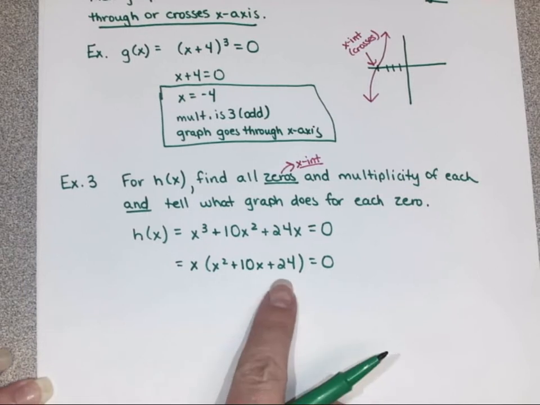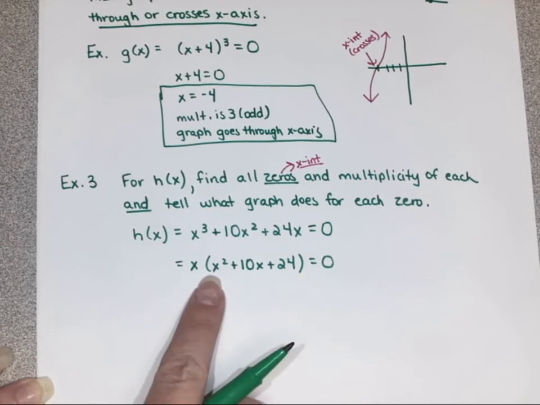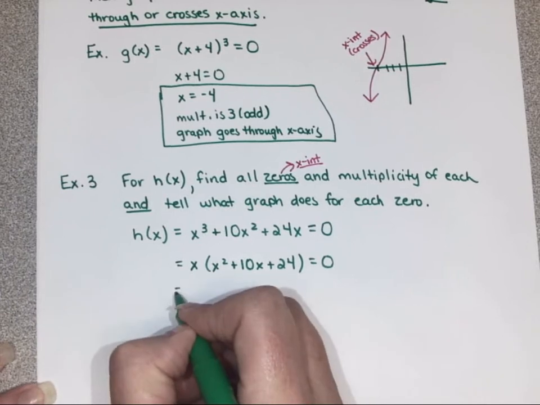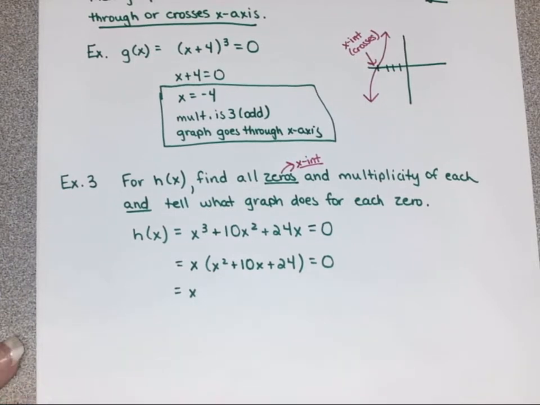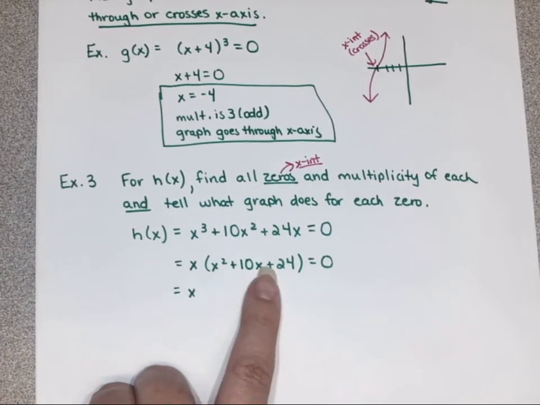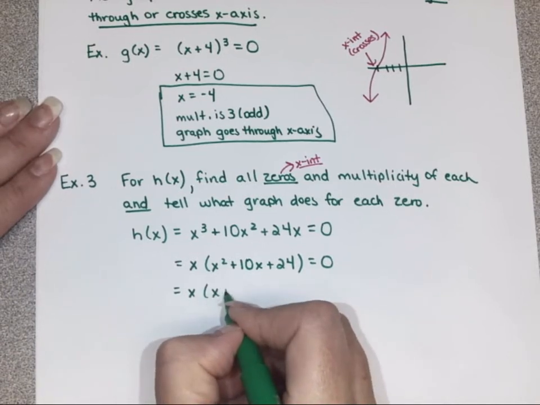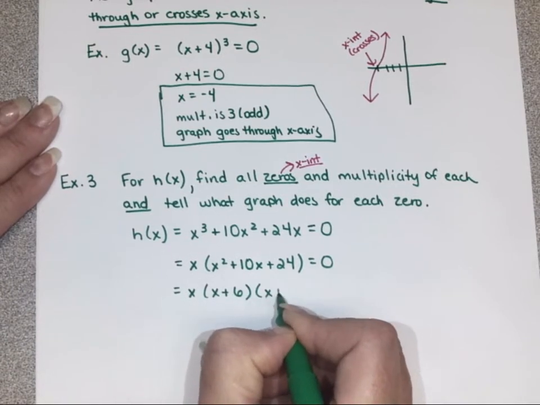Okay, so remember, I don't even need the AC method, right, because this number is just 1. What are the factors of 24 that would give me 10? Well, but that wouldn't work because of the signs, right? We couldn't do 12 minus 2 because then we'd have some minus signs and we have all pluses. So let's try another pair. 6 and 4 would work, right, because of the signs. So x plus 6, x plus 4.